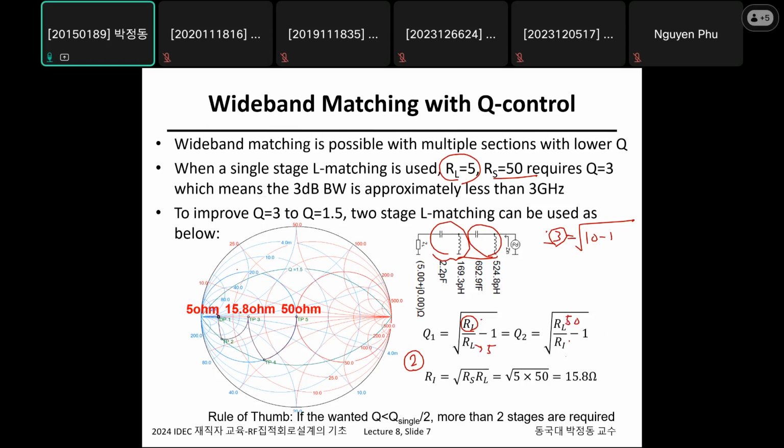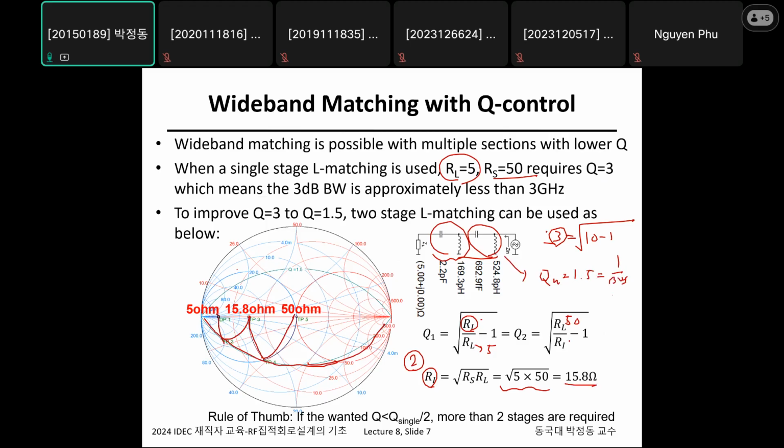Based on this condition, we can easily get Ri by using the geometric average of the two, so it's 15.8. We just move 5 ohm to 15.8, next 15.8 to 50. Then we touch just the 1.5 position, so the network quality factor Q is 1.5.